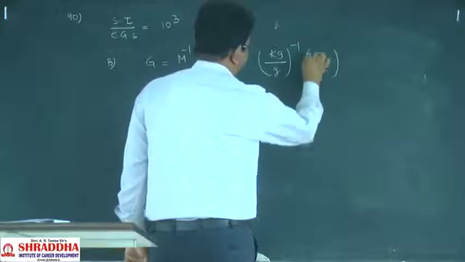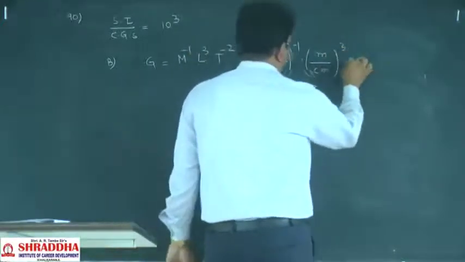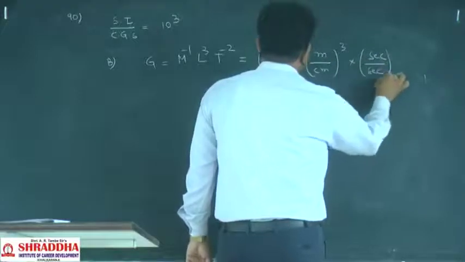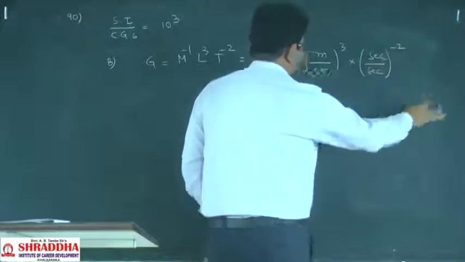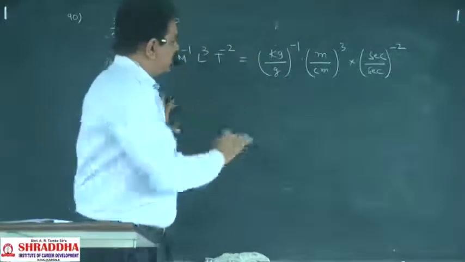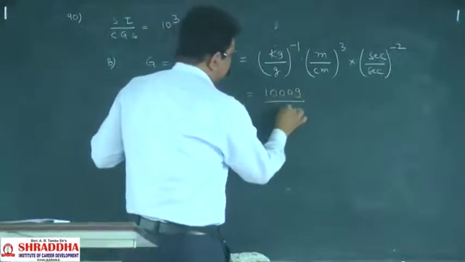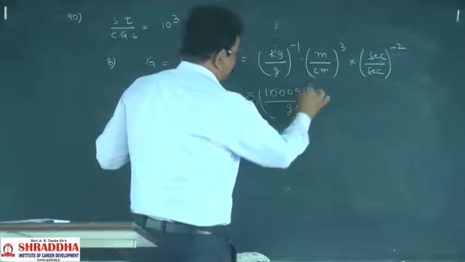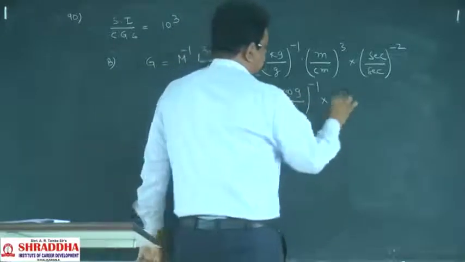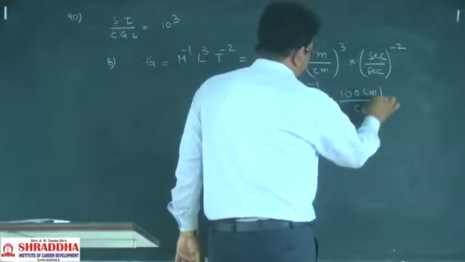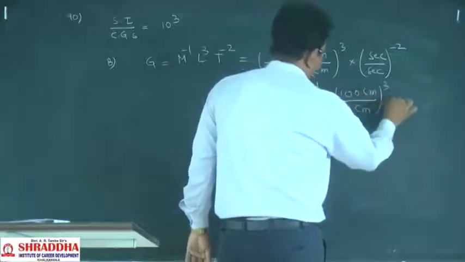Meter by centimeter whole cube. Second by second whole power minus 2. This is 1000 gram by gram power minus 1. This is 100 centimeter by centimeter whole cube.